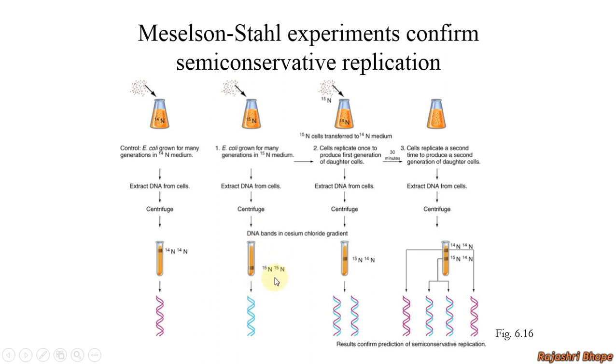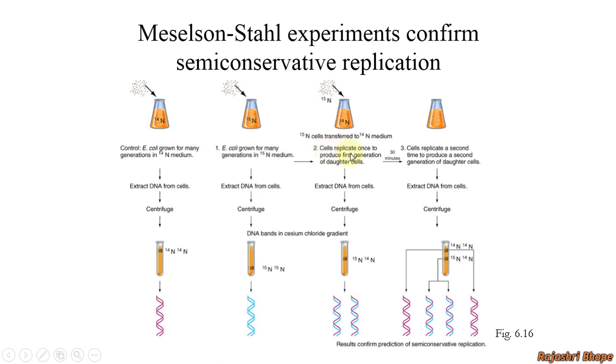They found that this DNA settles at the bottom because the whole DNA molecules contain N15 heavy nitrogen. Then N15 cells are transferred to N14 medium, in the flask containing N14 normal nitrogen.